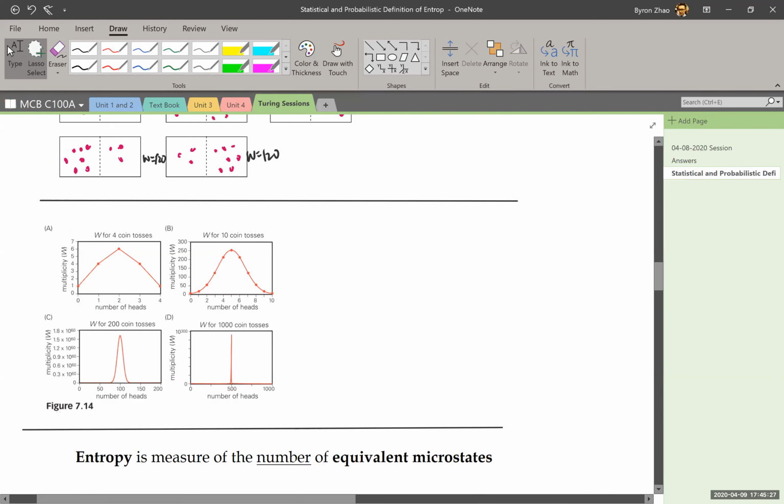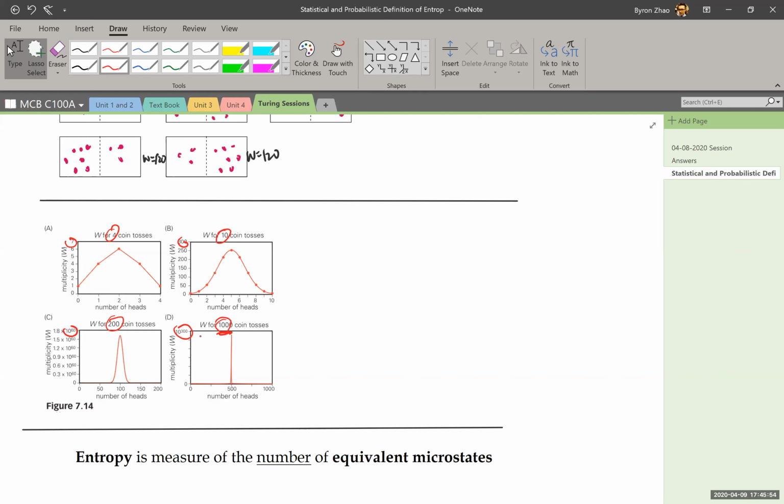if you look at the coin tosses, as you increase the number of coin tosses, you will find that the multiplicity goes really high. If you do 1,000 coin tosses, you get a very, very high multiplicity for when the number of heads equals the number of tails.